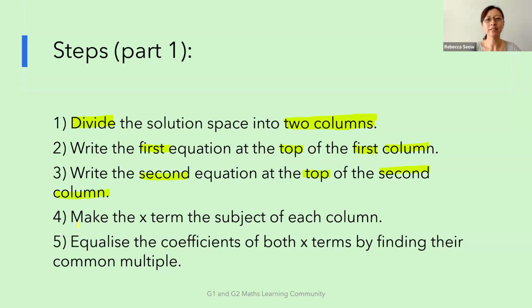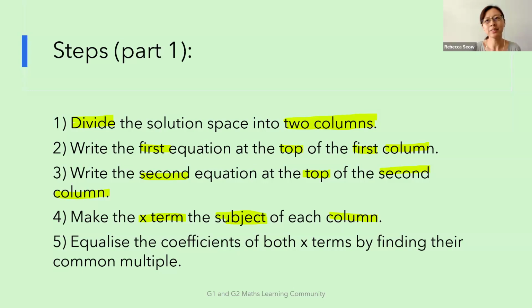Now, following that, for each equation, we are going to make the x term the subject of each column. I do not require you to make the x term coefficient of 1. No. If the x term is 3x, we leave it as 3x on the left-hand side.